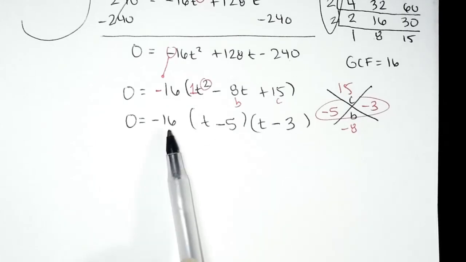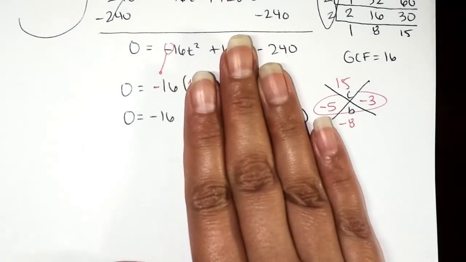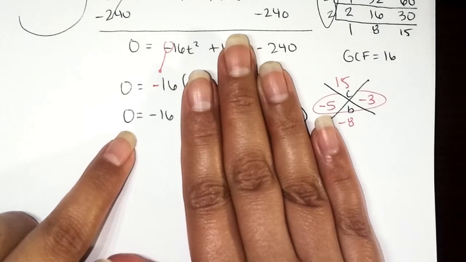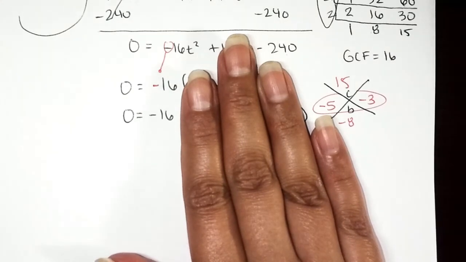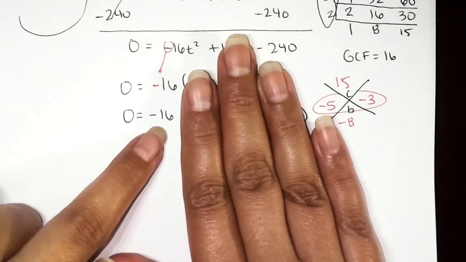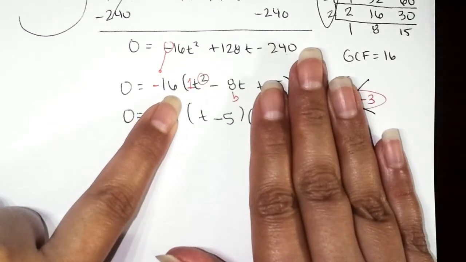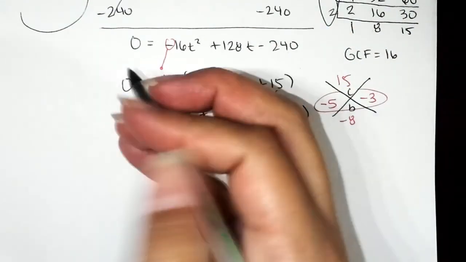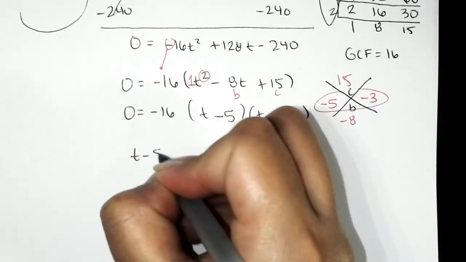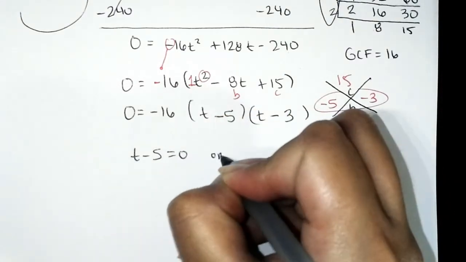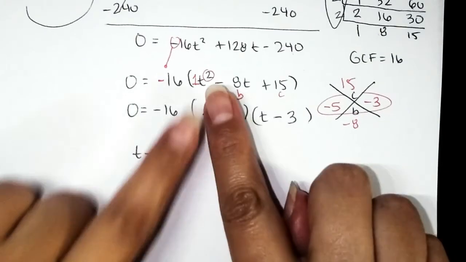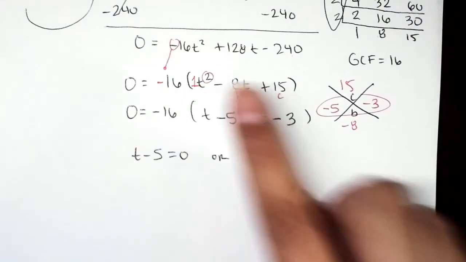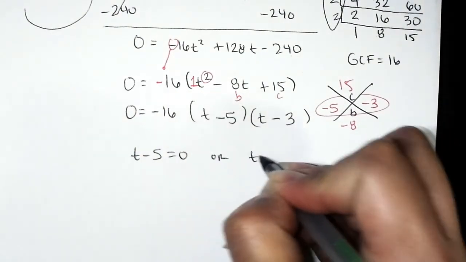If the first factor equals 0, that's a lie. Negative 16 doesn't equal 0, so we're just going to ignore it. So either the first factor equals 0, just kidding, or the second factor equals 0. Let's go ahead and write it out. Or the third factor equals 0. So either t minus 3 equals 0, but something has to equal 0.